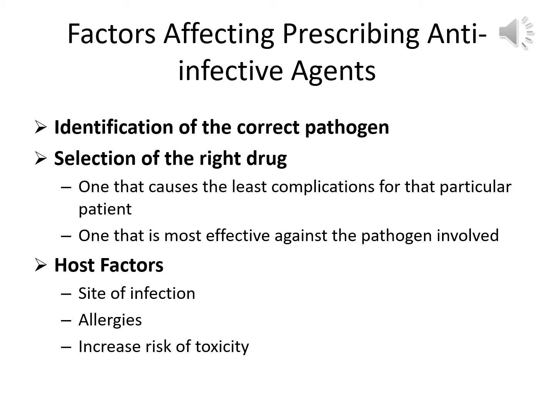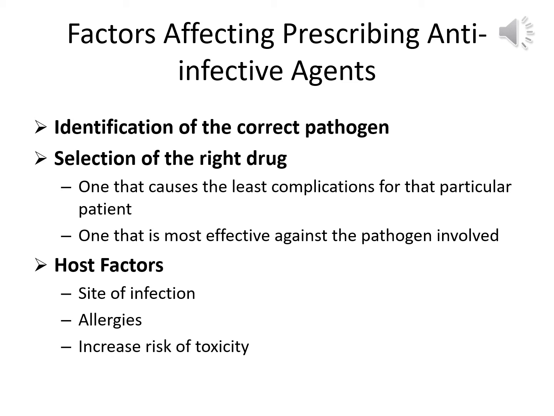Typically you'd say it's the one that's most effective against the pathogen, but maybe, like we're going to learn, aminoglycosides cause kidney toxicity, and so if you've got a kidney patient, you may not want to pick that particular drug, even though it would be highly effective against that bacteria.